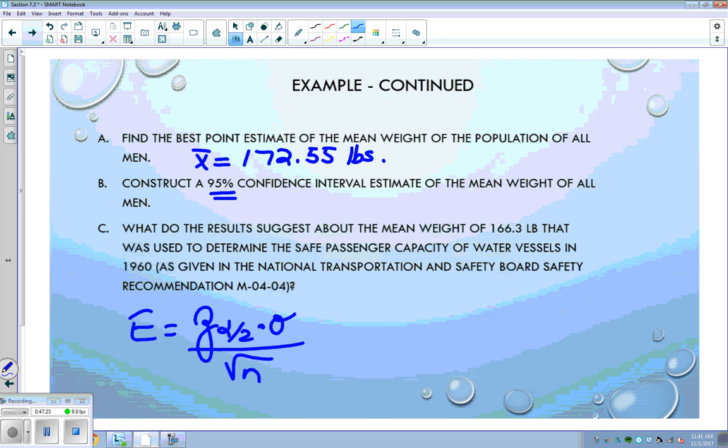In this example, I have a 95% confidence level. So Z of alpha divided by 2 is equal to what? Anybody remember that chart? 1.96. I'm going to multiply by sigma. Sigma was on the previous page, 26 pounds, is that right? Then I'm going to divide by the square root of n. What was n? 40?